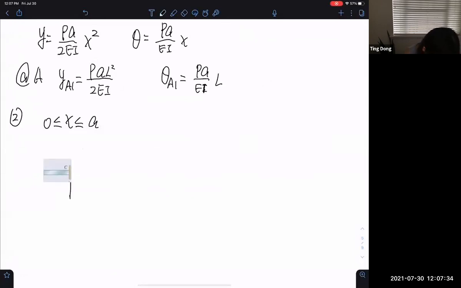Now we have the P here, the reaction force, reaction shear force, and reaction bending moment.